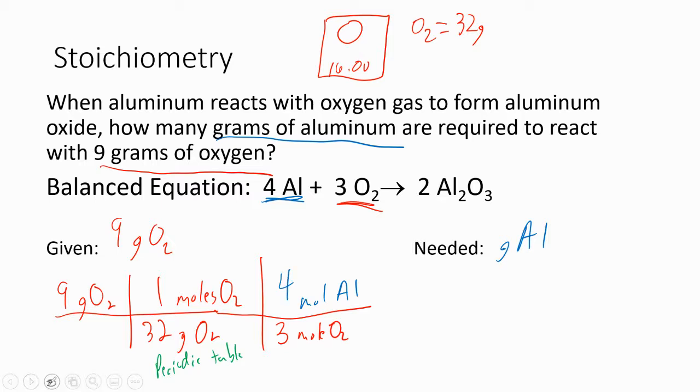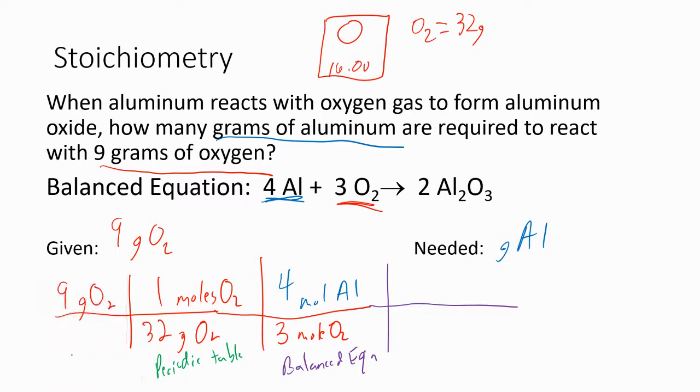We got this from the balanced equation. All right. And then we got to get to grams of aluminum. So we got to get rid of moles of aluminum, and we got to go to grams of aluminum.